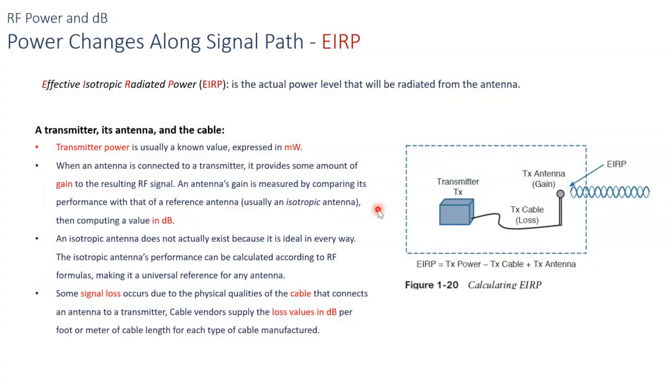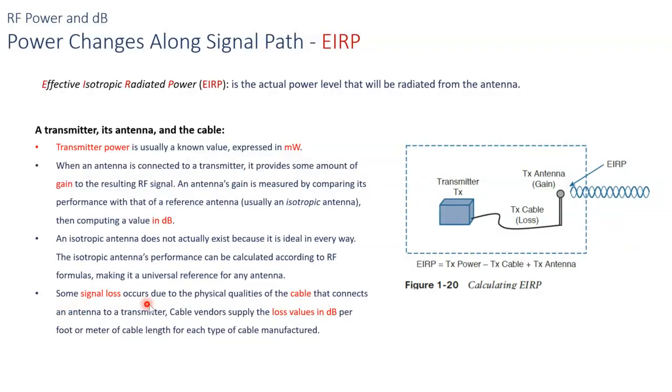The gain of the isotropic reference antenna is 0 dB. So an isotropic antenna does not actually exist, but it is ideal in every way. It is theoretical. It is the reference antenna because its dB is 0, because it is spherical and it radiates power in all directions. It does not radiate power in a specific direction to have a gain.